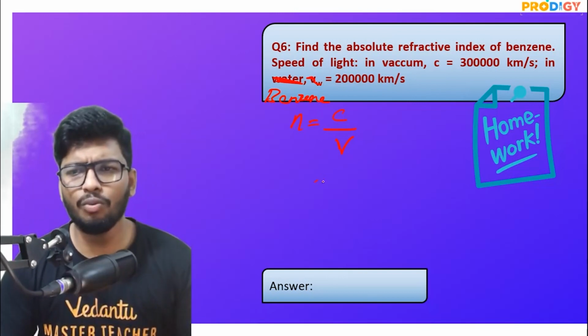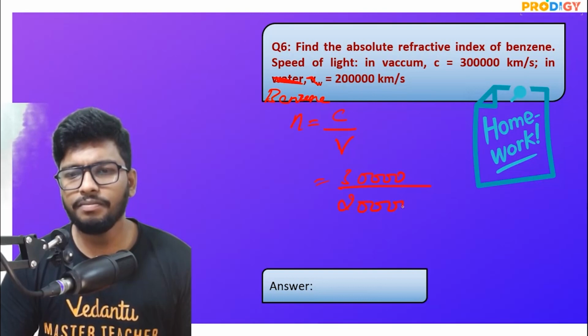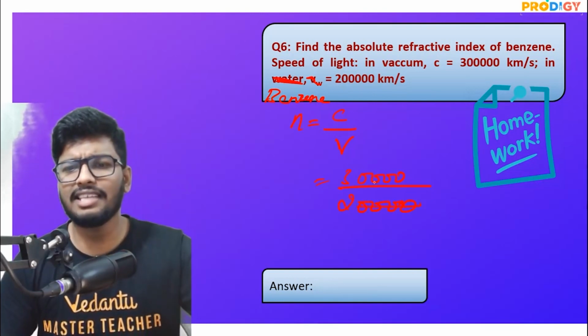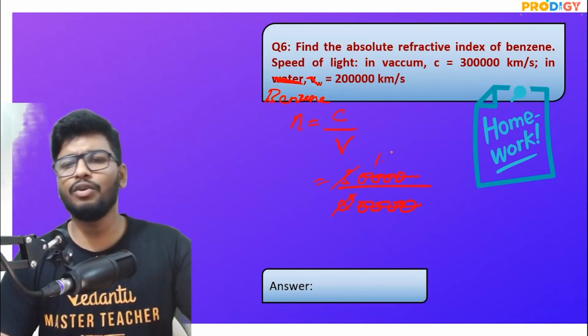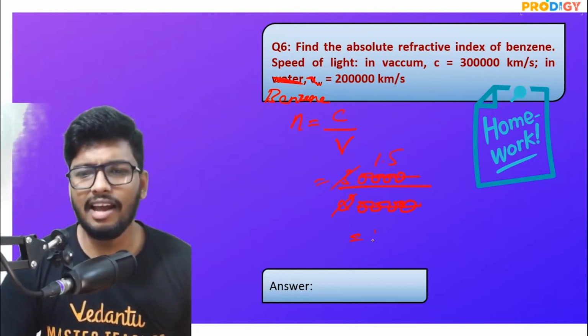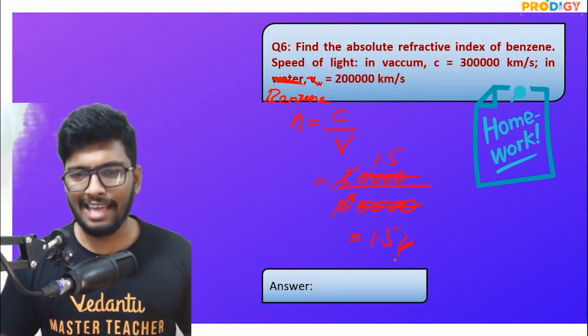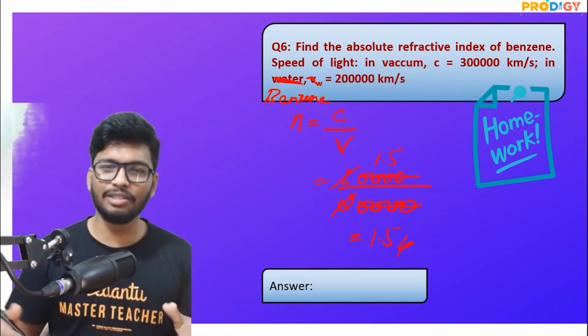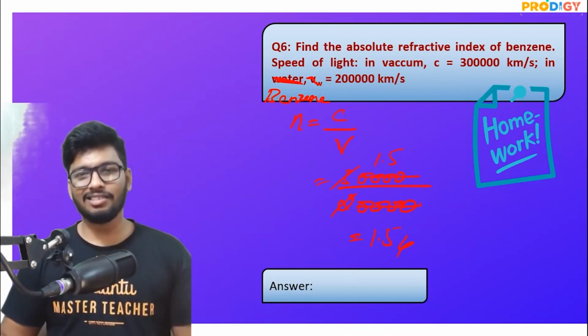Substitute the values: 300,000 divided by 200,000. The zeros get cancelled, so what you're left with is 3 by 2, which gives 1.5 as the refractive index. As simple as that. I hope I've not made any calculation mistakes, but if not, that should be the right answer for this question. That's all, people.